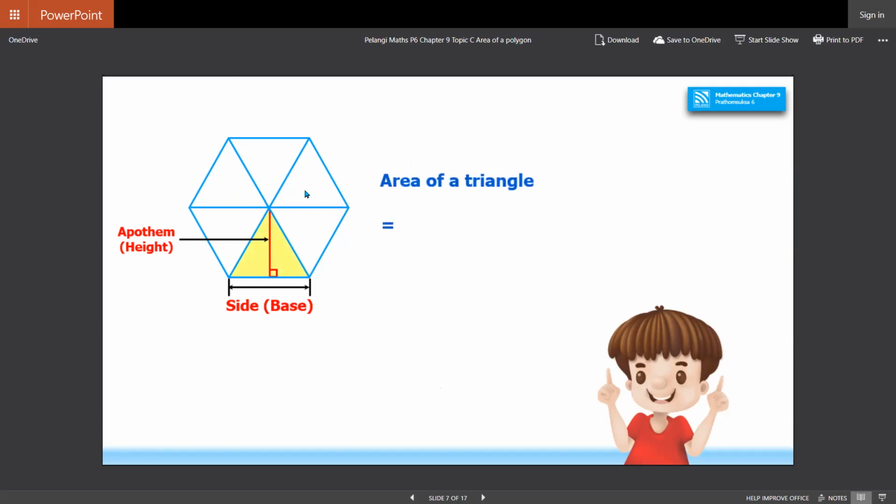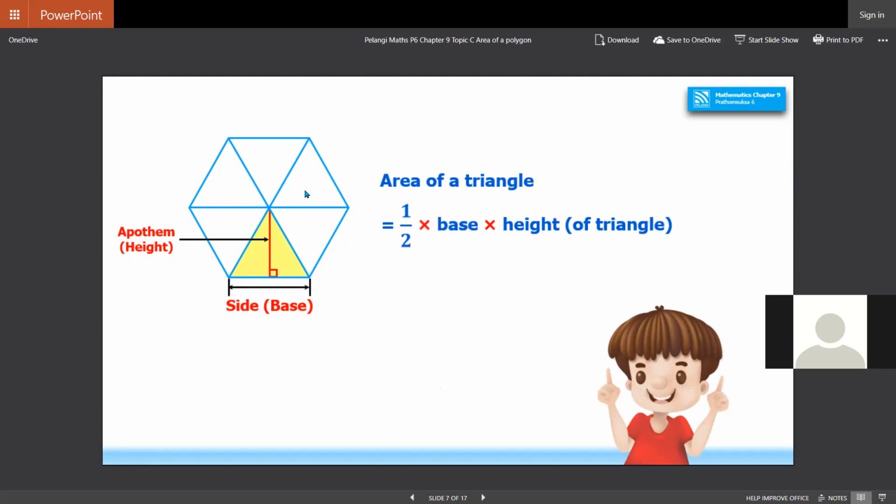Okay, so let's go. So here we go. Area of a triangle is equal to 1/2 base times height. So wherever you see base, you put side there, multiply by the apothem. Where you see height, you write apothem. Where you see base, you'll write length of side or side, up to you. Length of side is better. So from the formula, area of a triangle, which is 1/2 multiply base multiply height, is equal to 1/2 multiply the length of the side multiply the apothem.